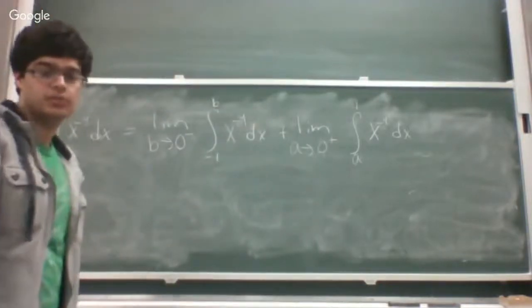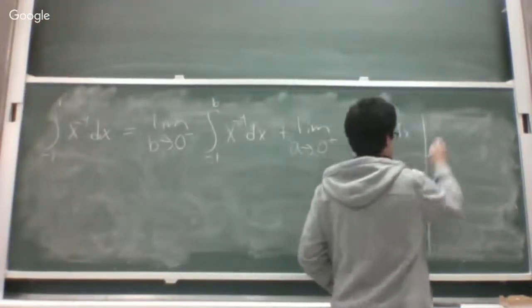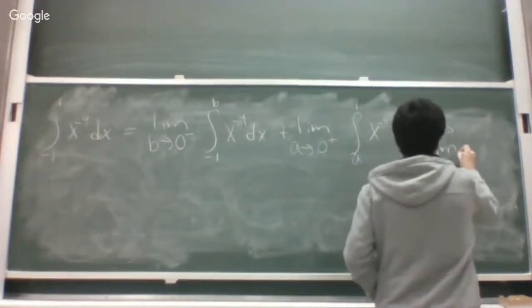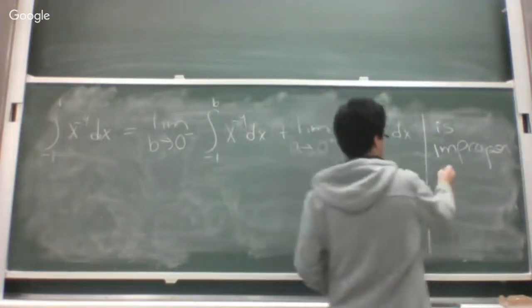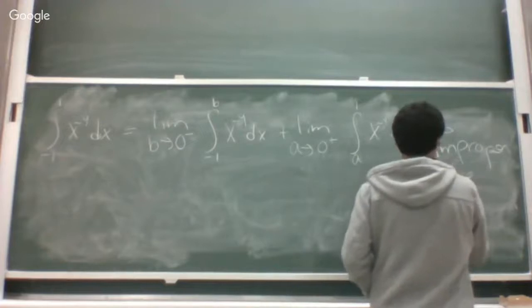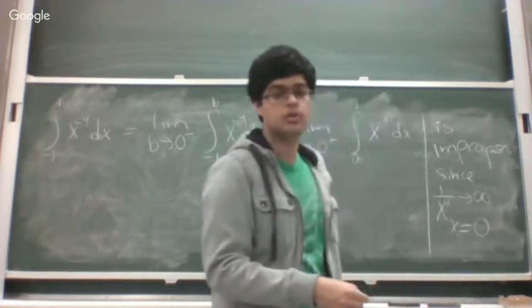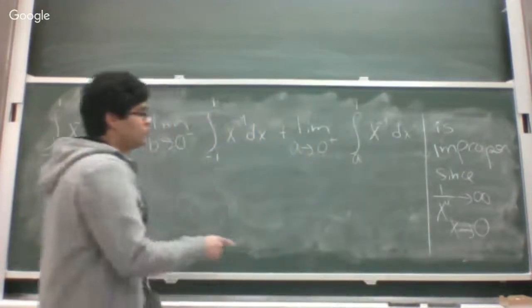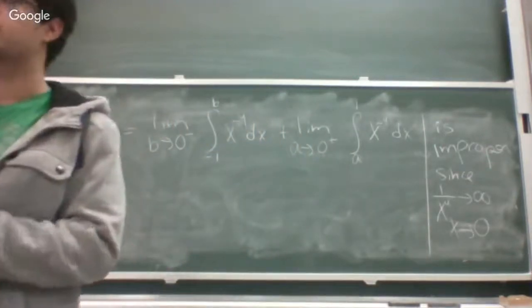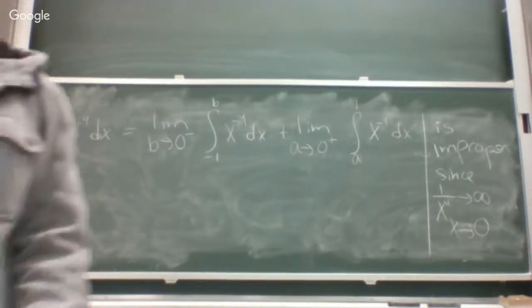And since he does want us to state it, we can say this is improper since 1 over x to the 4 goes to infinity when x is equal to 0, or as x approaches 0. So you do need to state that. So you guys can solve it.